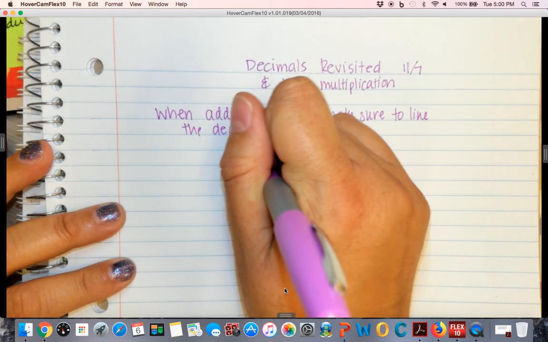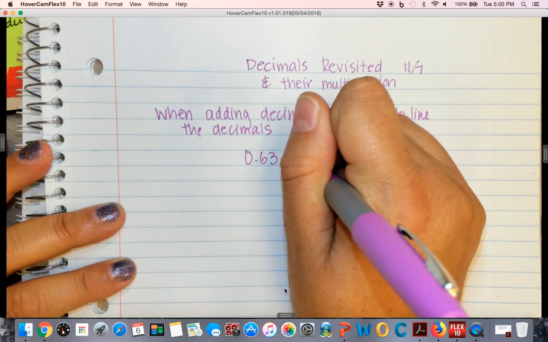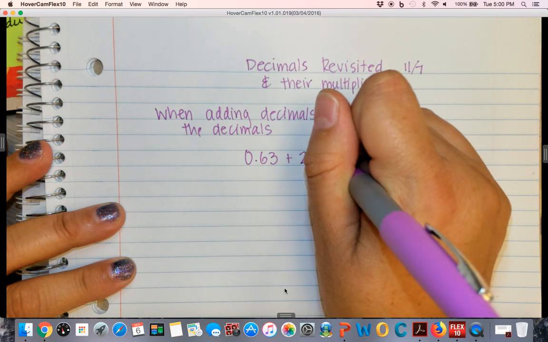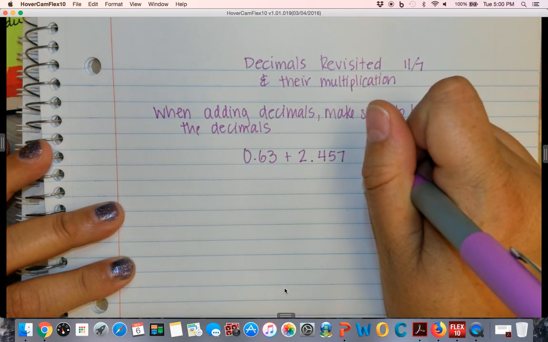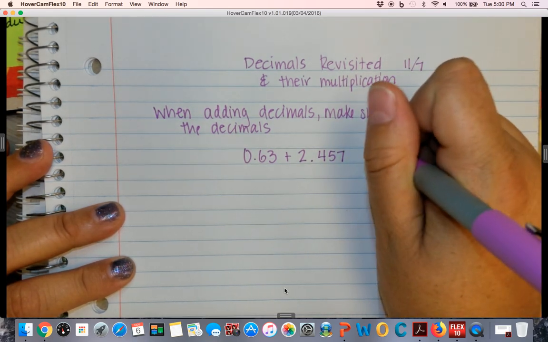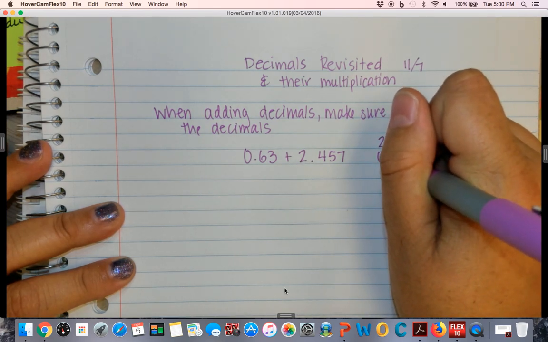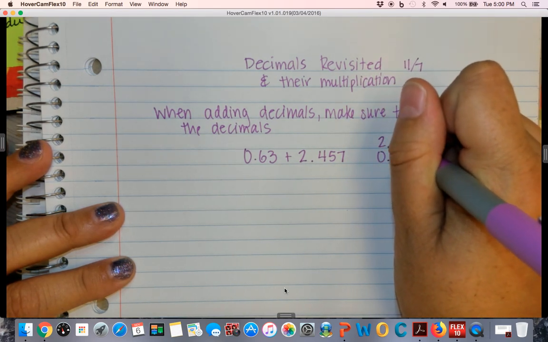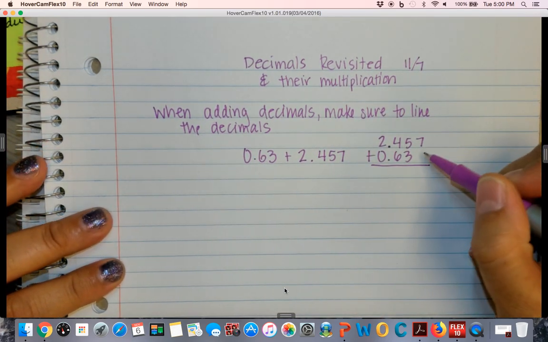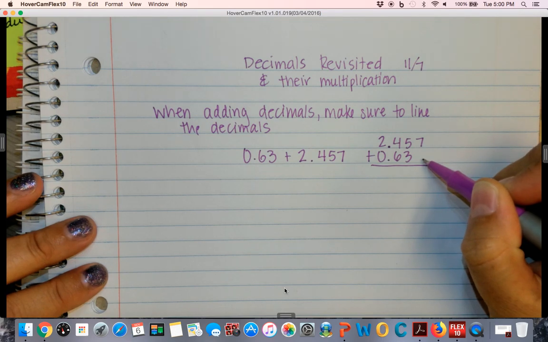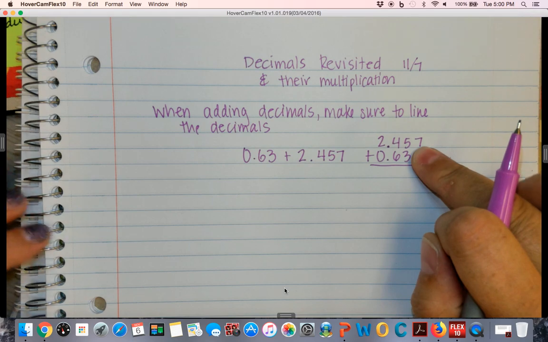So if we have 63 hundredths plus 2 and 457 thousandths, I'm going to rewrite it so the decimals are lined up. And if there's nothing here in this column, it's just a 0. And you can either put that 0 in or leave it out.